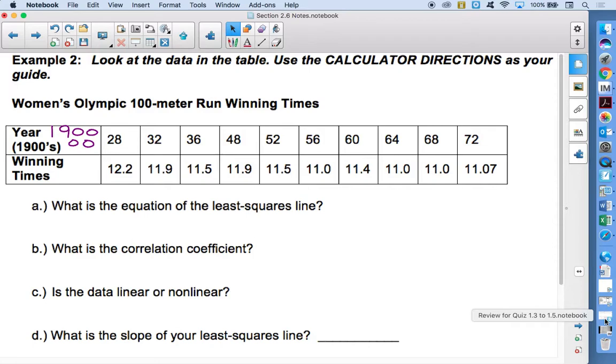Anybody having problems getting a graph, getting an equation? Calculator problems, and you're good.